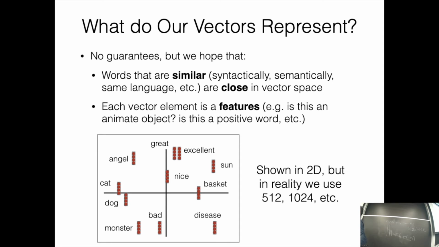But the final goal is that after learning has happened, they have two properties. Number one, and the most important, is that similar words are close together in the vector space. And number two is that ideally these features would have some meaning, maybe human-interpretable meaning, maybe not, but yeah.